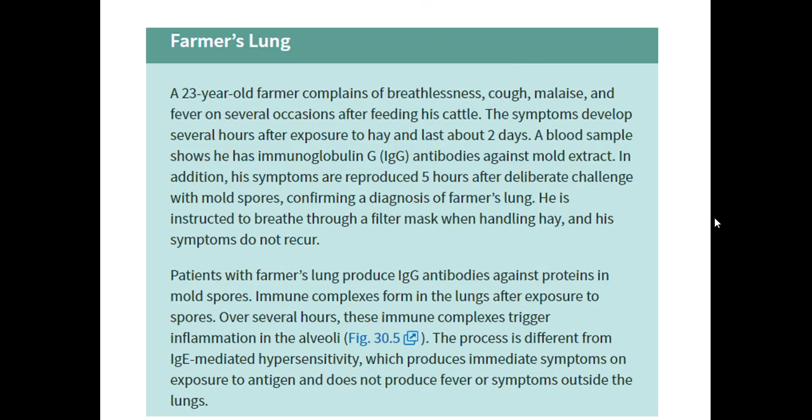In general, type 2 and 3, as well as type 4 hypersensitivity reactions, take much longer compared to type 1 hypersensitivity reaction, usually hours, whilst in type 1, for example, usually seconds to minutes afterwards.